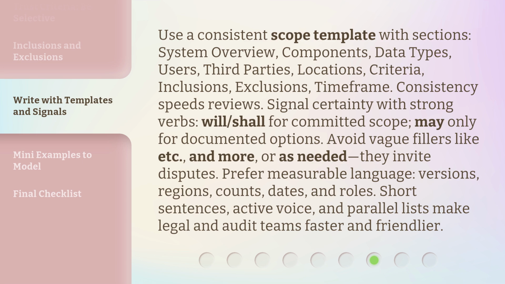May only for documented options. Avoid vague fillers like etc. and more, or as needed. They invite disputes. Prefer measurable language. Versions, regions, counts, dates, and roles. Short sentences, active voice, and parallel lists make legal and audit teams faster and friendlier.